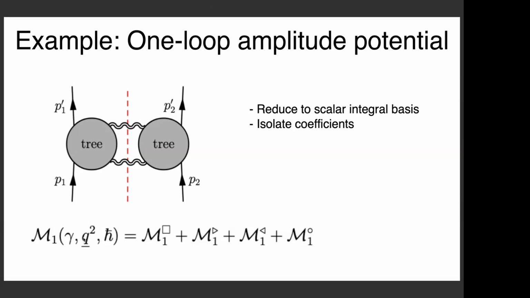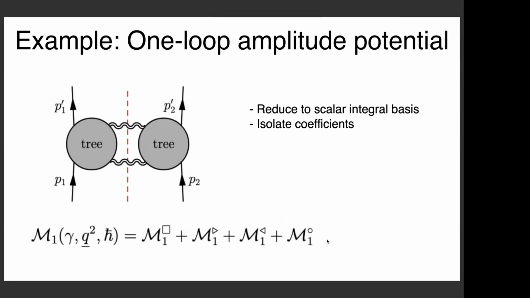And we see, if we consider the various integral functions we have in the amplitude, that we have something called box functions with 4 propagators. We have triangle functions with 1 propagator, say on the left side, 1 propagator on the right side, and also some function, say, without any propagators on the massive line.